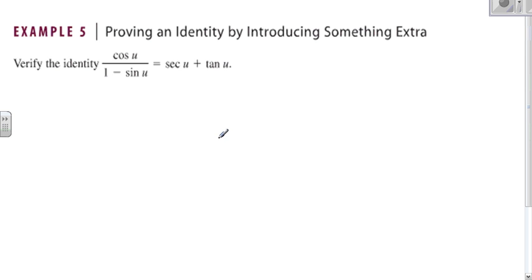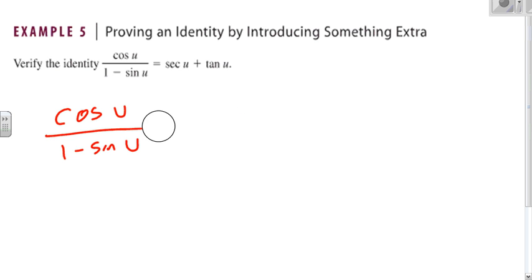For this example, it's a little bit different because we're going to take the left side of the equation. And in order to simplify, we're actually going to, as the directions indicate, introduce something extra, meaning we're actually going to multiply what we have by something that will eventually make it more simplified, but for the time being it actually looks a little bit more complicated.